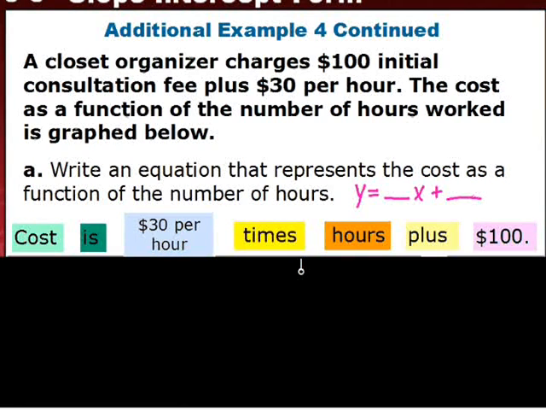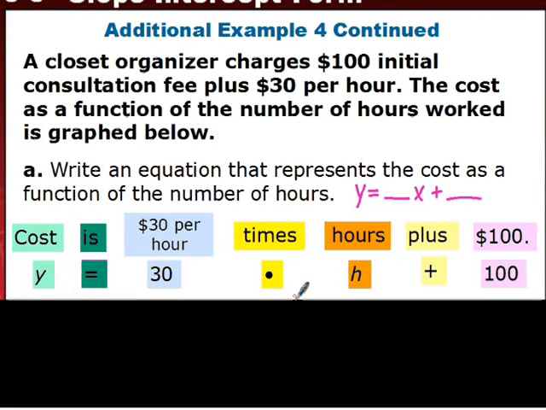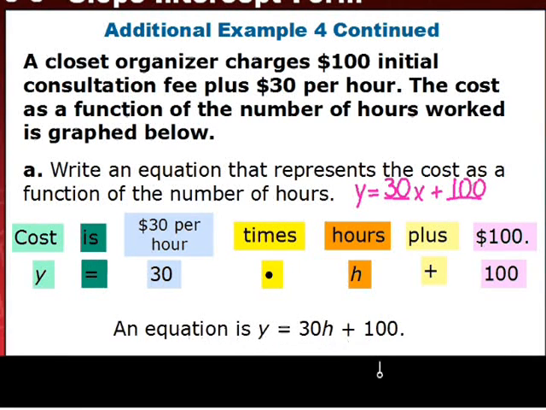And we know that the cost is $30 per hour. And so look what it translates into. y equals 30h, or x, plus 100. 30 is the slope, 100 is the y-intercept. That's really all they're asking for right here. Okay? And you can use x or h, it doesn't matter. You could write f of h also, that would still be the same thing.